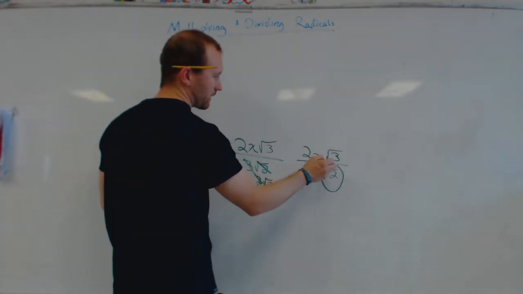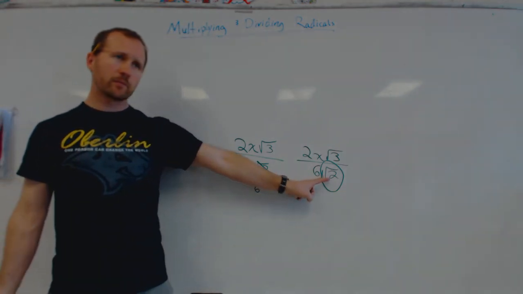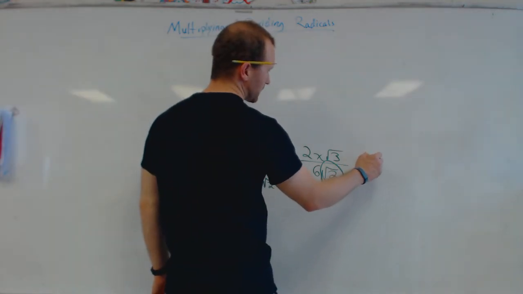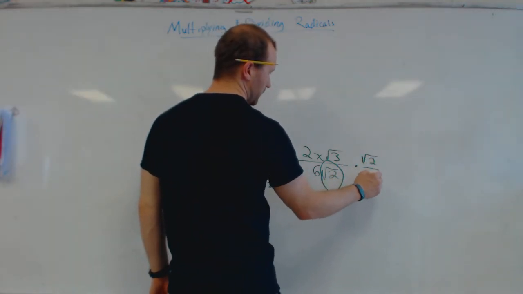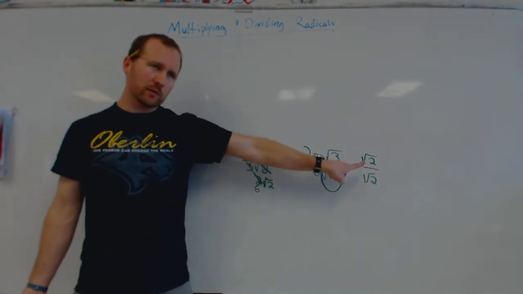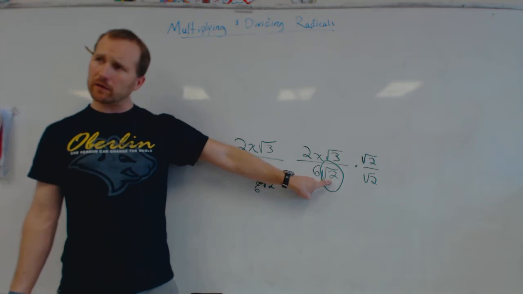This one right here. I only really care about the square root of 2. So you multiply everything by the square root of 2 over the square root of 2. That's the only thing I'm looking at when I decide what to multiply it by: this square root in the denominator.